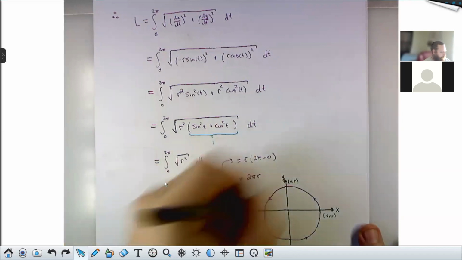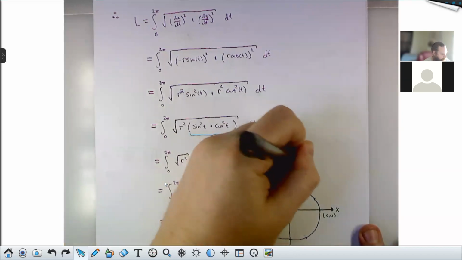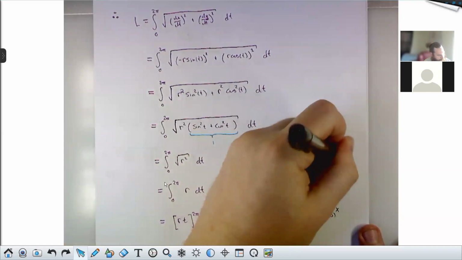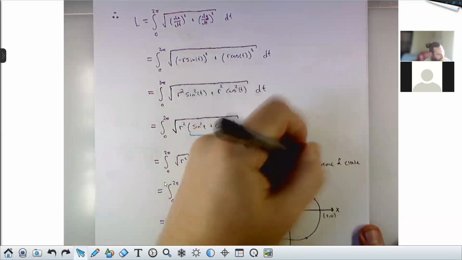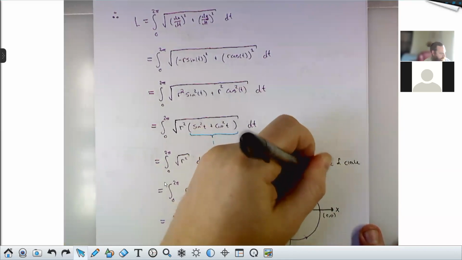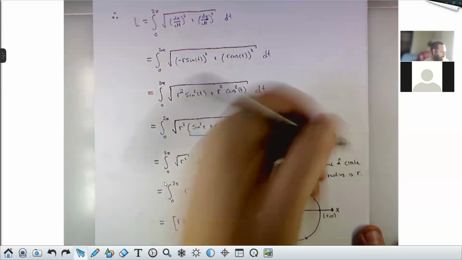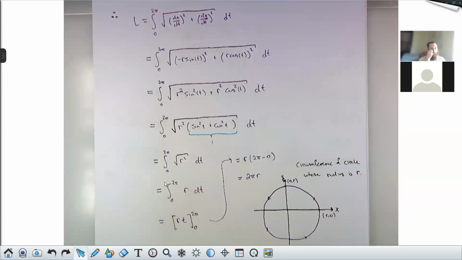So this is the circumference, which we know is 2 pi r. Not bad, right?